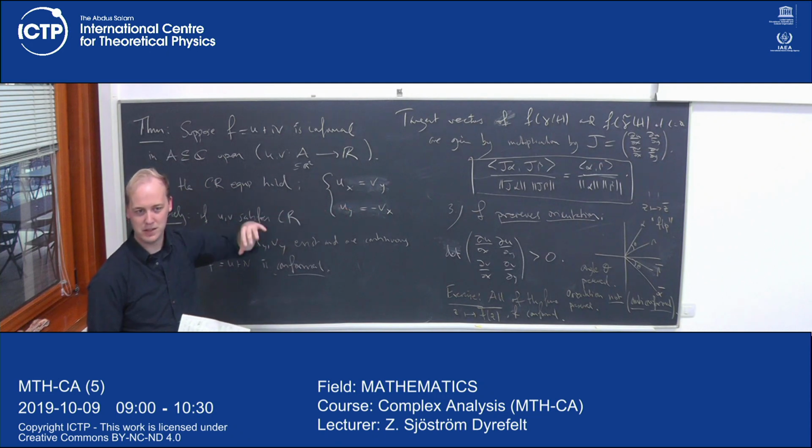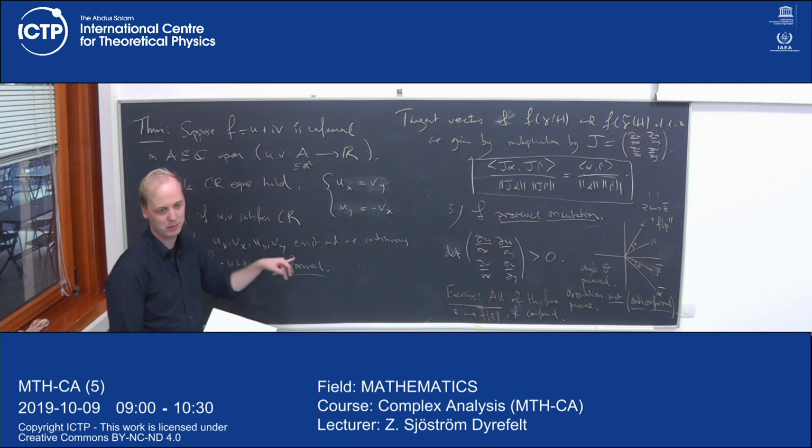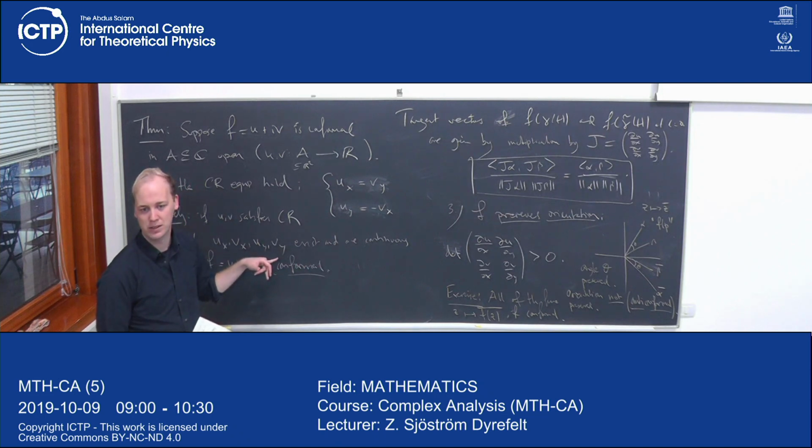Okay? So for sufficiently nice functions, being holomorphic, being conformal, and satisfying Cauchy-Riemann equations is the same thing. But you need to be careful if the real differentiable function has very low regularity. So if these partials are, for example, not continuous, then you have to be careful.